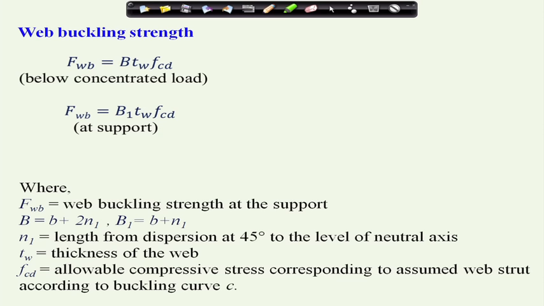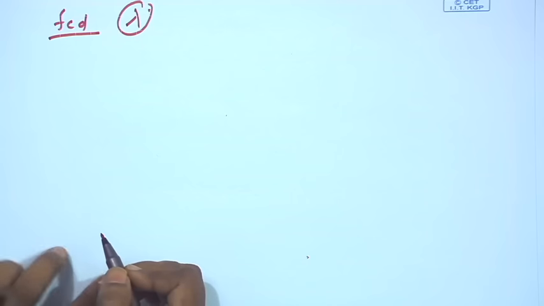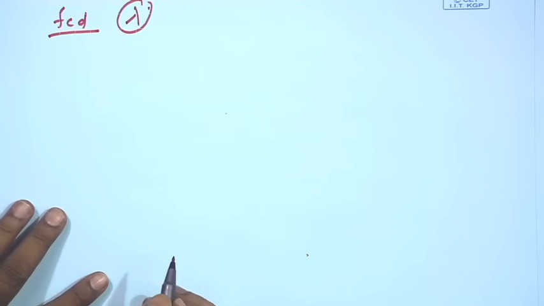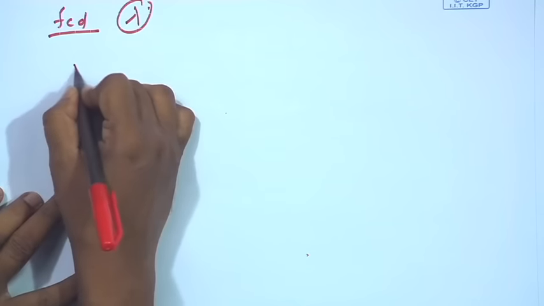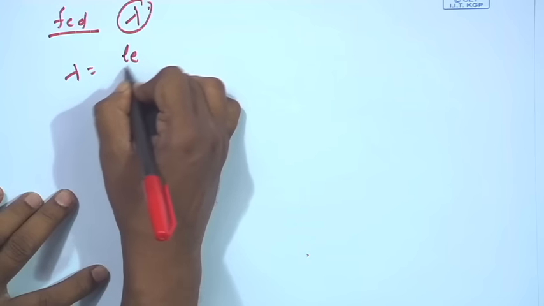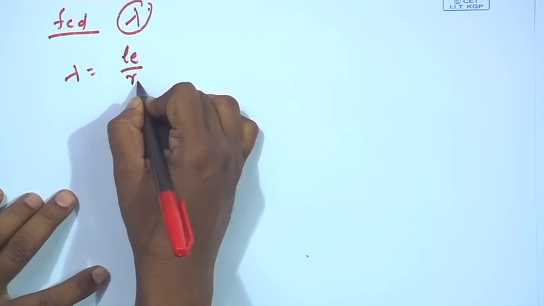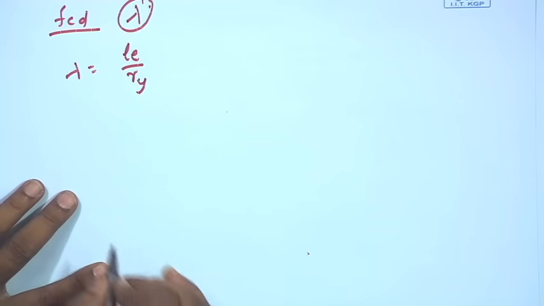Now, here when we are going to calculate the design compressive stress fcd, we need to know the value of lambda, right. So, lambda means the slenderness ratio. So, slenderness ratio we know, we can find out as Le by r. r means in this case ry, right.